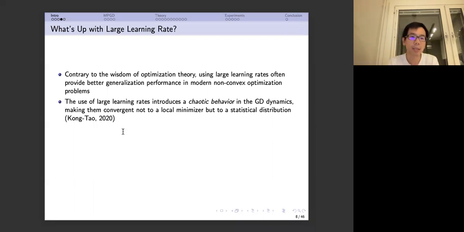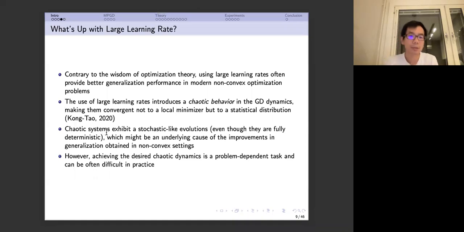Recently, there is a paper by Kong and Tao. They show rigorously that the use of this large learning rate actually introduces certain chaotic behavior in the gradient descent dynamics, and makes it converge not to a local minimizer, but to a statistical distribution.